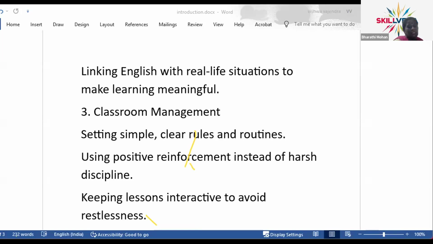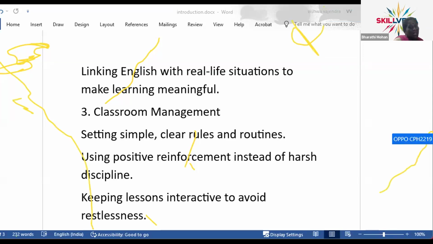Then, as classroom management, it's always better that after every class we get constructive feedback from the children. Usually, whenever a teacher goes to or comes from a class, children make small cards out of notebook papers saying, "Ma'am, I like you. Ma'am, I like your dress." We can always make it very creative and positive.